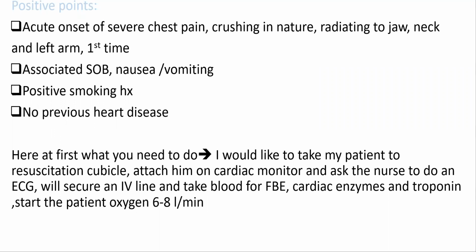Even if it is a stable patient, you say, examiner, because of my patient's age and the site of the pain, I would like to take my patient to the resuscitation cubicle, attach him to a cardiac monitor, ask my nurse to do an ECG and secure an IV line, and then take the blood for cardiac enzyme, especially troponin. If I find that my patient's blood pressure is low, I will start him on fluids. If his oxygen saturation is going down, less than 94%, I will also start the patient on oxygen.